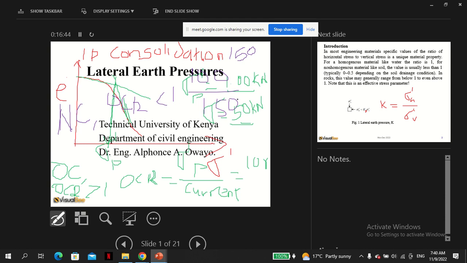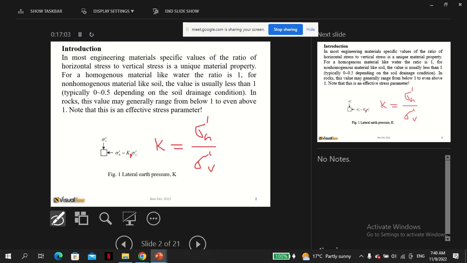Now this is what I was telling you yesterday about the triaxial test. Once you do the triaxial test with clay, you need to do this 1D consolidation test, find out what this value is. The value you use for consolidation is a uniform pressure.